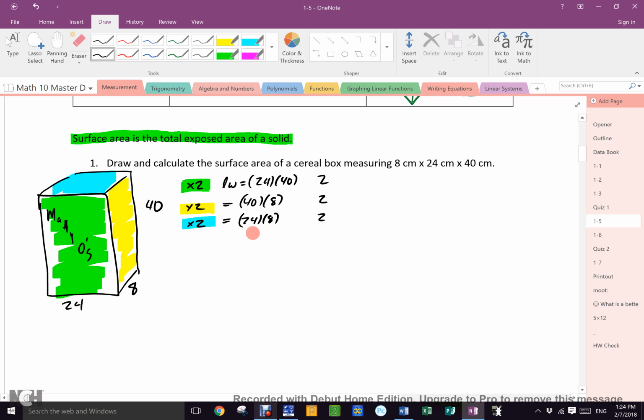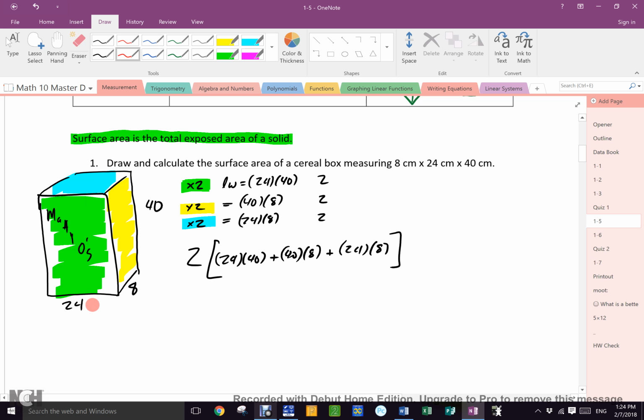So isn't it the same thing to say 24 times 40 plus 40 times 8 plus 24 times 8, all times 2? Yeah. That's the formula. Now, the math guys that made these up don't like leaving these as numbers, so they give them letters so it works all the time.